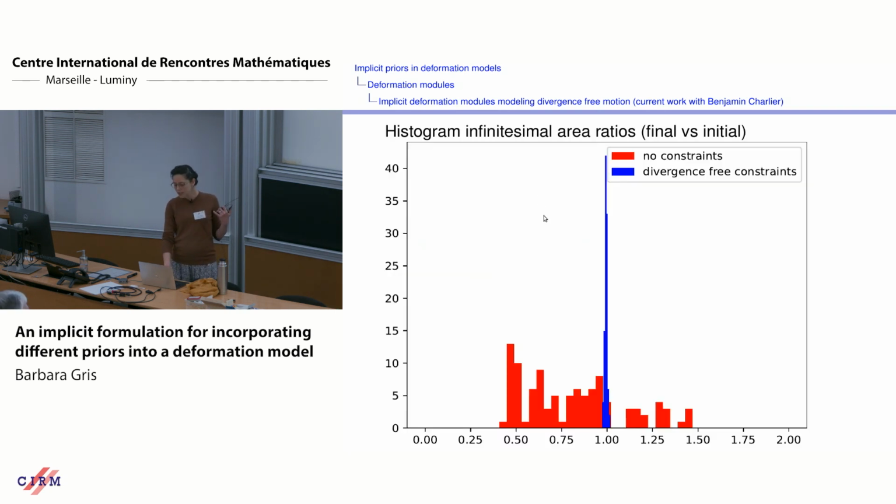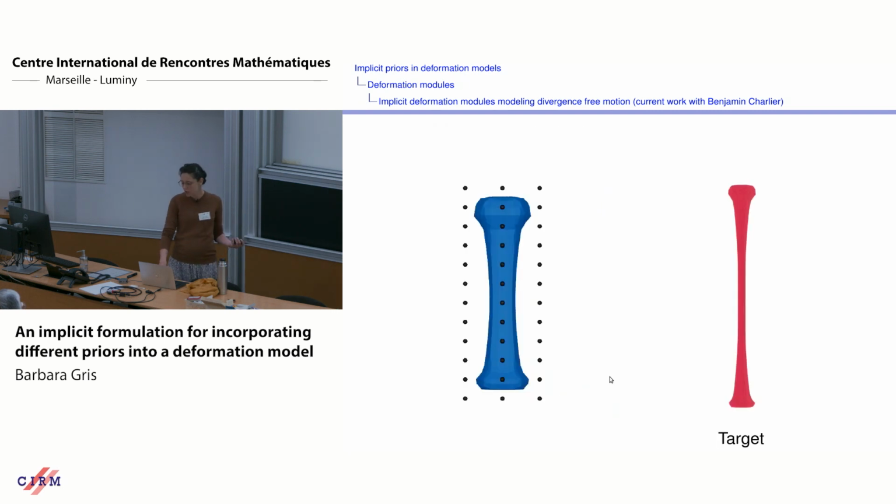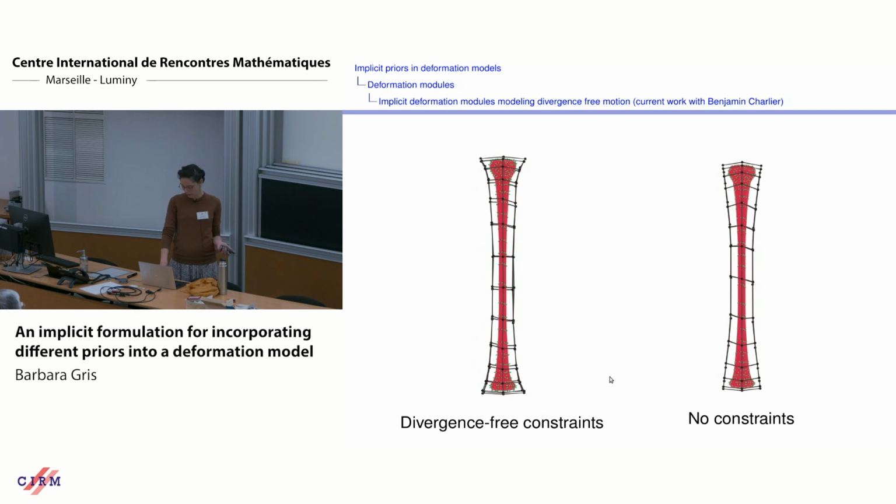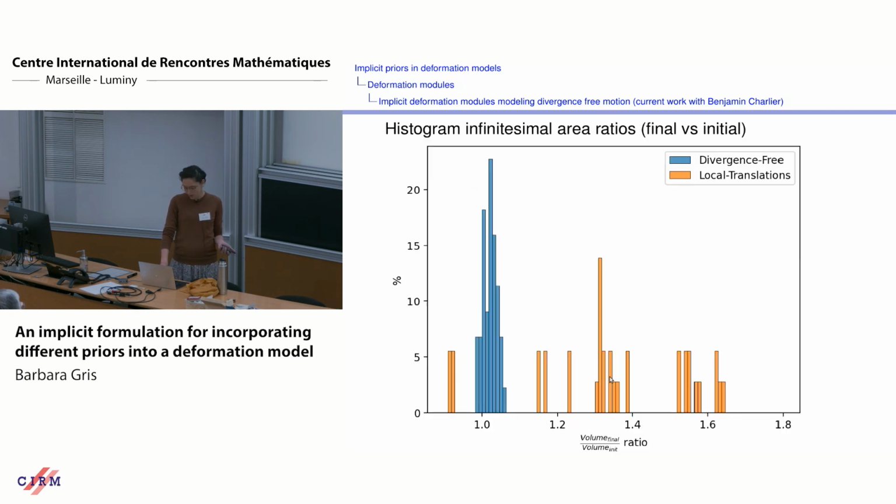And we see that with divergence constraint, this ratio is almost 1 everywhere, so we have volume preservation, while it's not true without these constraints. Of course, this formulation can be used in 3D, and we have this kind of registration. And we still have volume preservation with divergence-free constraint, which we do not observe, of course, if we do not enforce this.